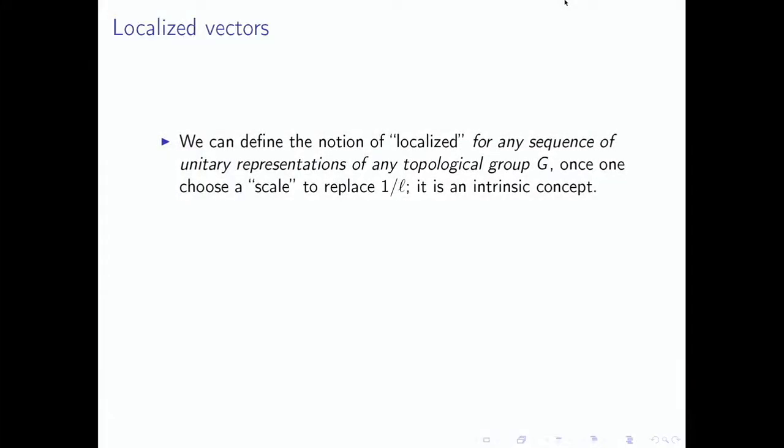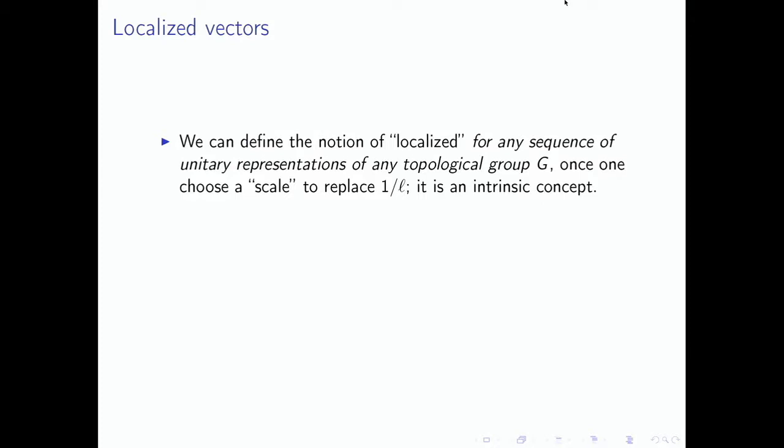Okay, now, the point of saying all this was eventually to use it in other contexts. So this notion of localized makes sense for any sequence of unitary representations of any group.